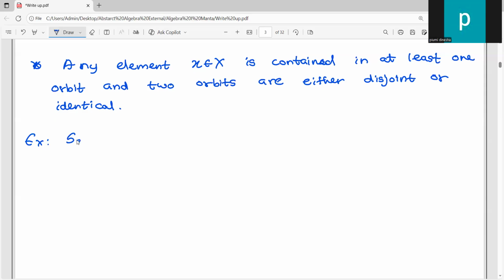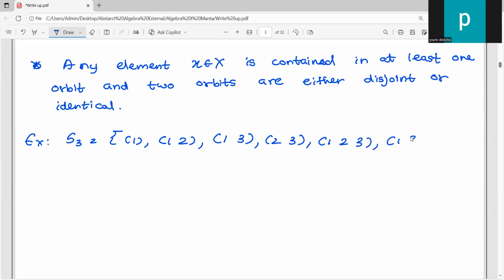Okay, let's go over one example. Let's consider the group S3. This has elements, all these permutations of the set X containing elements 1, 2, 3. So all these functions: we have the identity, then (1 2), the permutation given by this cycle decomposition, (1 3), (2 3), (1 2 3), (1 3 2). Yeah, this is all, right?